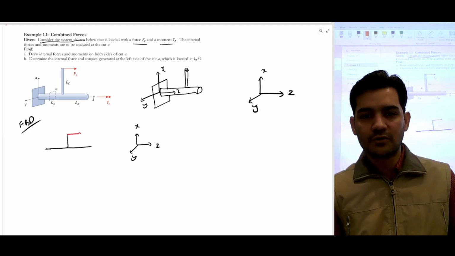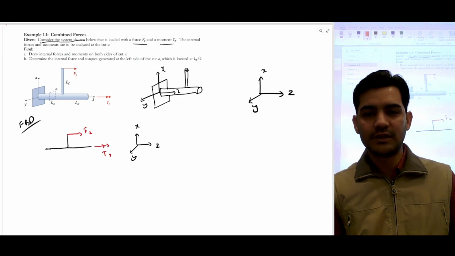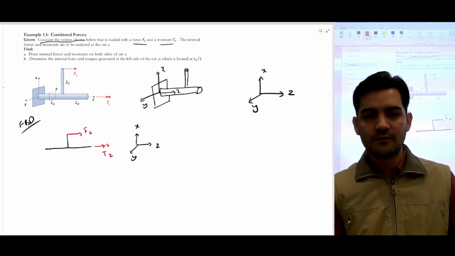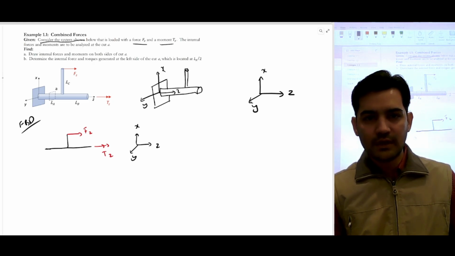There is a force along z direction, F of z, and there is a torque along z direction, which is T z. And you will observe 3 reaction forces.